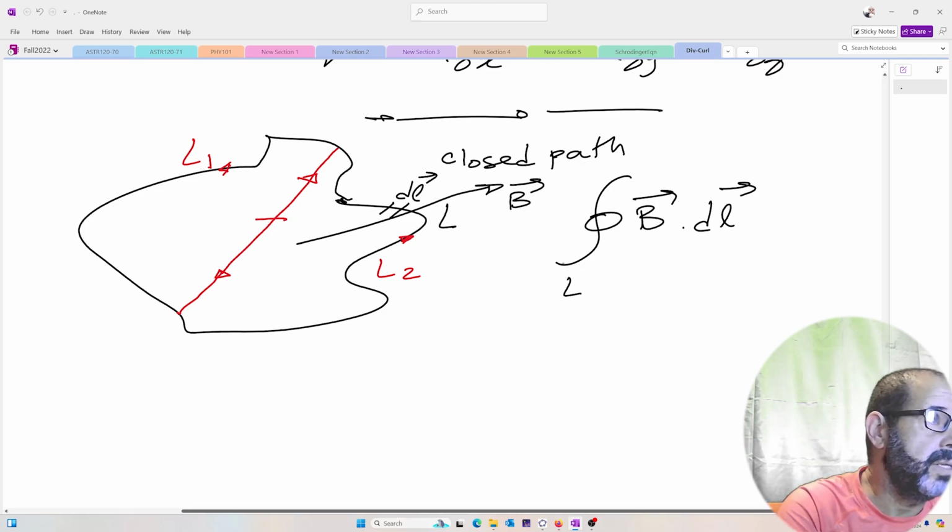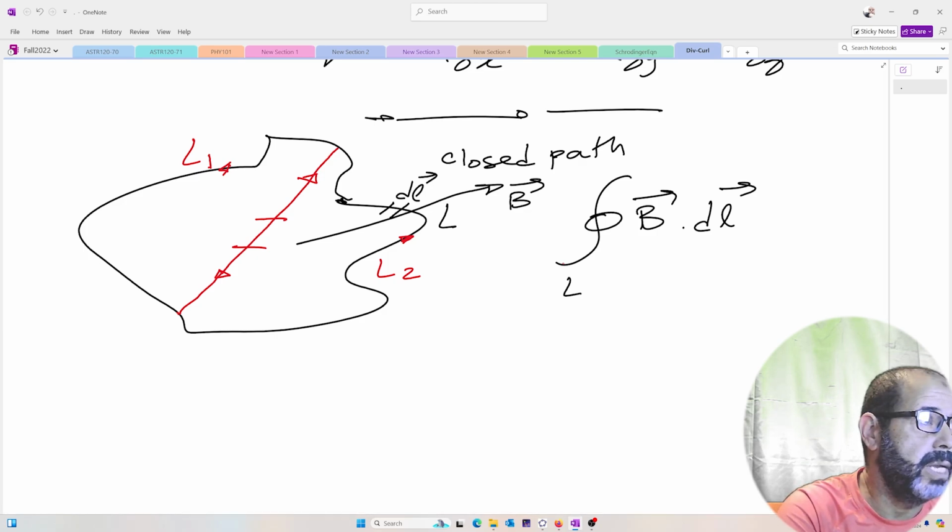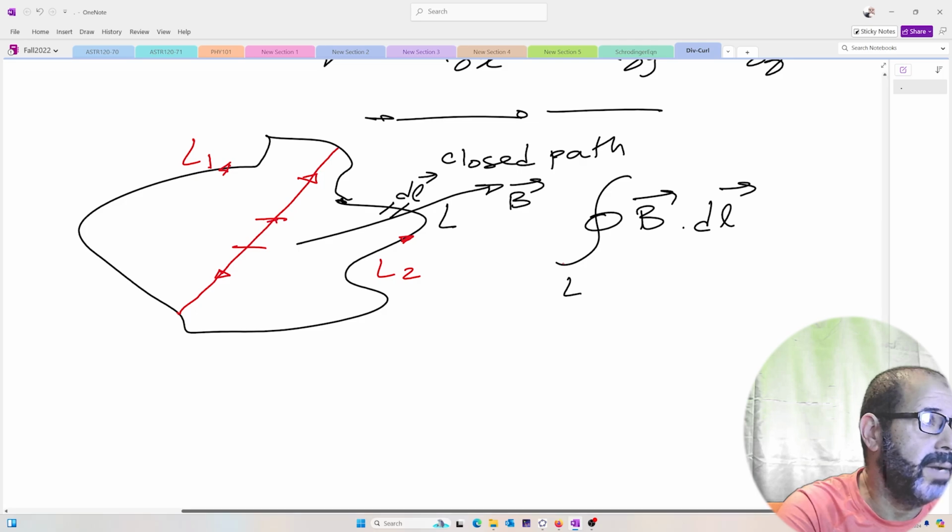Take an element of the path dl, okay? Obviously, for the first path, for L1, it's pointing up, and for L2, it's pointing down, okay? So that's the element of surface, okay? So dl1 is pointing up, dl2 is pointing down, okay?